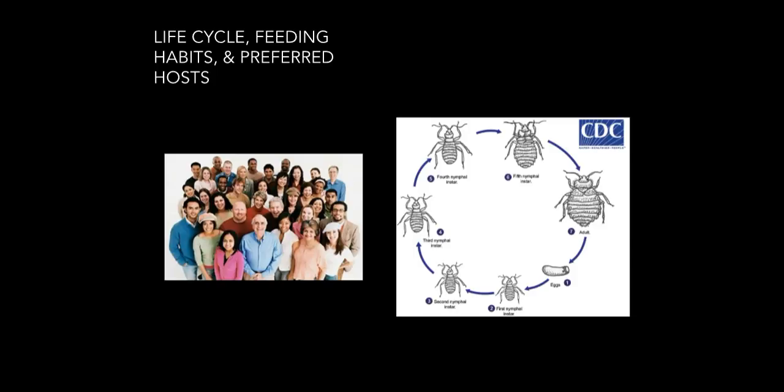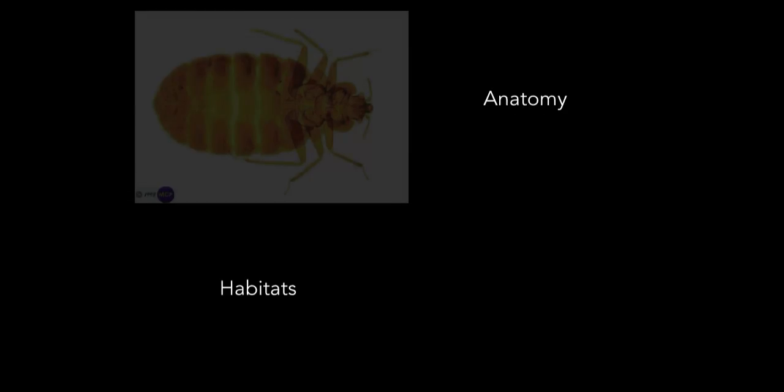Then it'll go into the first stage after eating and grow to 1.5 millimeters, then 2.5 millimeters, 3 millimeters, and it's grown and grown. In the final stage of the cycle, the average bed bug will be between 5 to 7 millimeters, and they can live up to 11 months with proper meals, which is pretty scary.